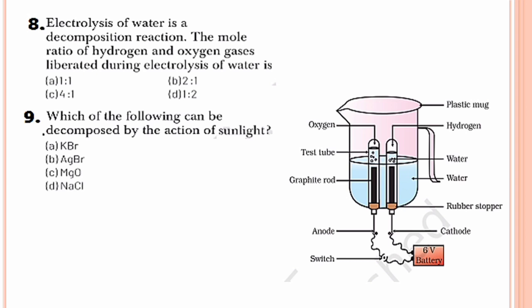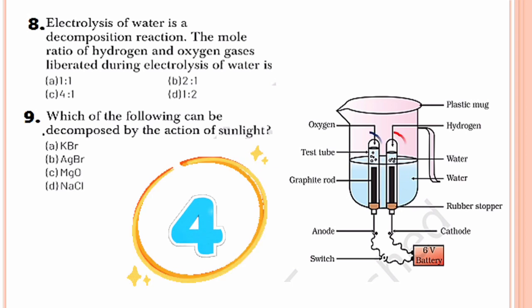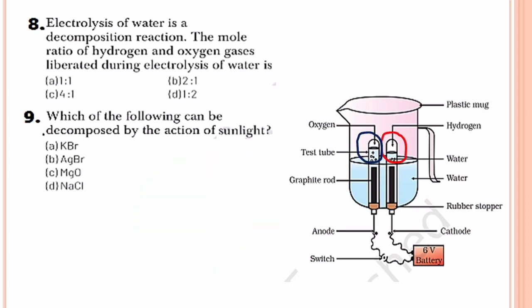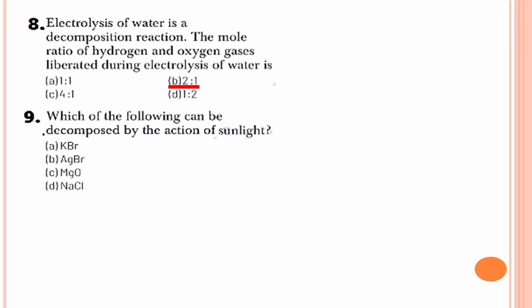Question number 8. Electrolysis of water is a decomposition reaction. The mole ratio of hydrogen and oxygen gases liberated during electrolysis of water is? When water is electrolytically decomposed, the number of hydrogen atoms released is double the number of oxygen atoms. That means hydrogen and oxygen are released in the ratio 2:1. So option B is the correct answer. Question number 9.